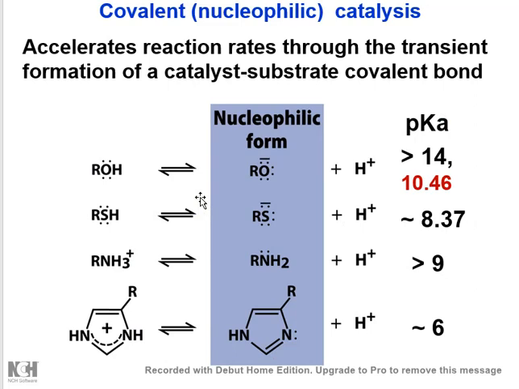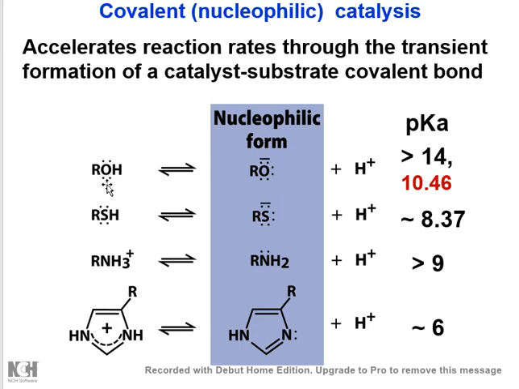Next in the list is covalent or nucleophilic catalysis, which accelerates reaction rates through the transient formation of catalyst-substrate covalent bond. The amino acid side chains that are capable of participating in covalent catalysis are shown on this slide.